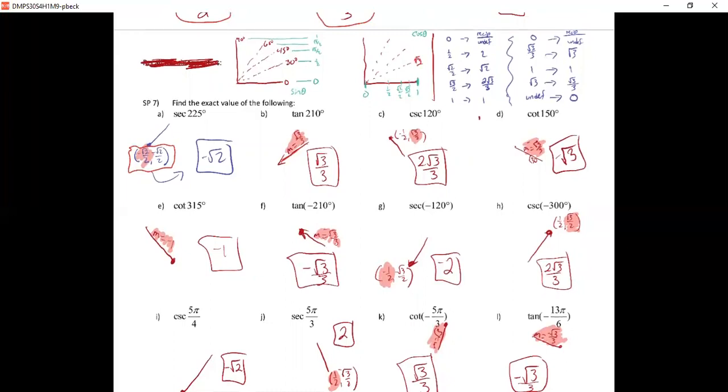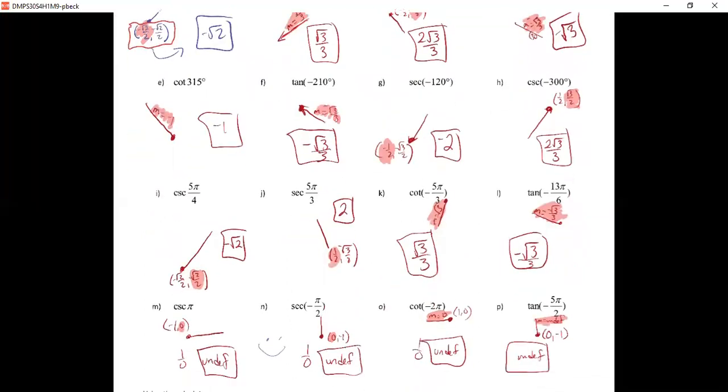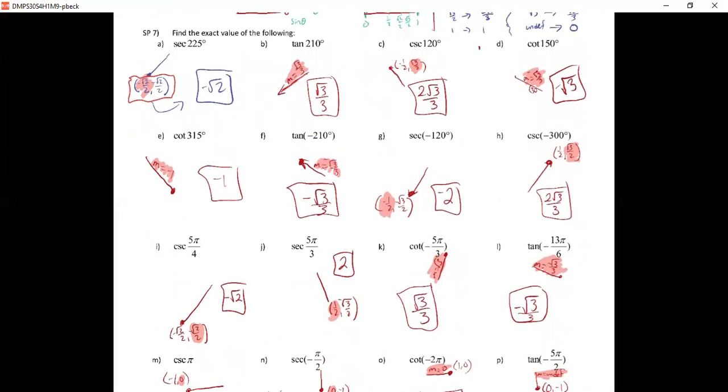Slope is square root of 3 over 3, 1, and square root of 3. So if you want to look at slopes that way and reciprocate them respectively. Anyway, cosecant is the reciprocal of our sine value. So again, what's the point? Knowing the point and then reciprocate the y value for the cosecant.